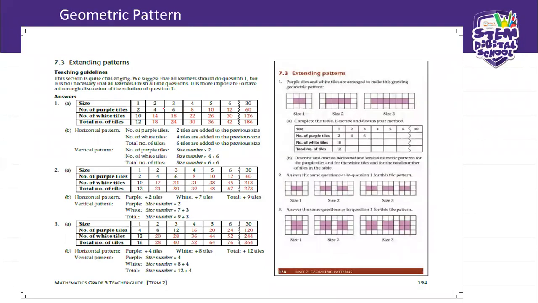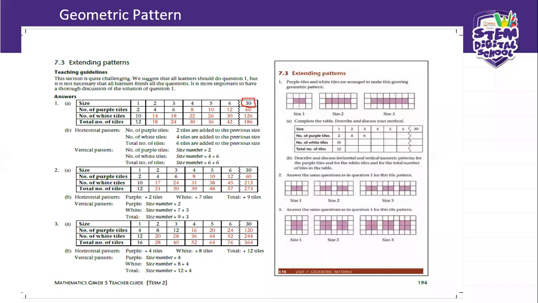As you can see, the first one is 2, 4, 6, and as you go along you keep adding 2. For white tiles, we keep adding 4. And for the total number of tiles, we keep adding 6. That's simple. But now a question says I want to know when I hit 30.